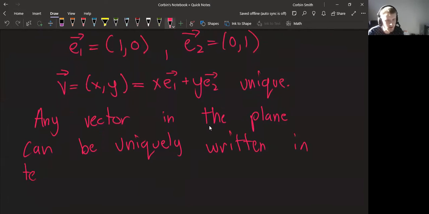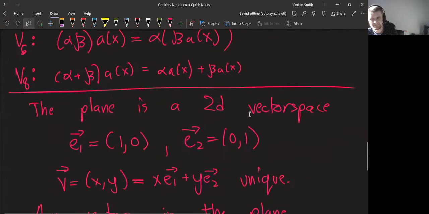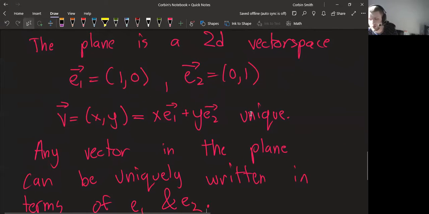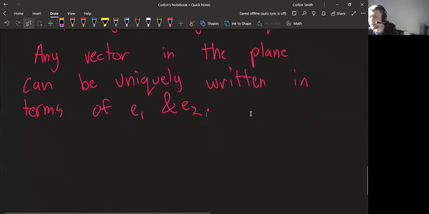We use this fact all the time, but we just don't know that we use it. It's almost so basic that we don't have to mention it, but we're going to look at something.